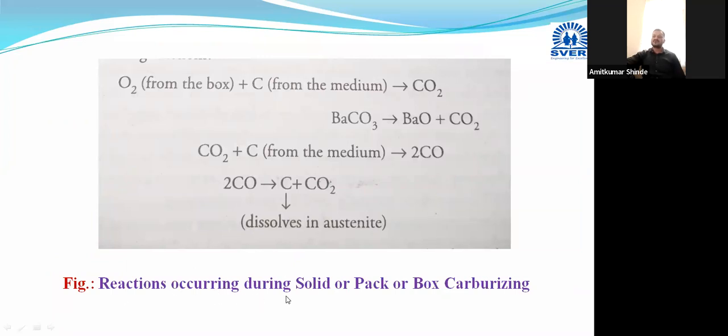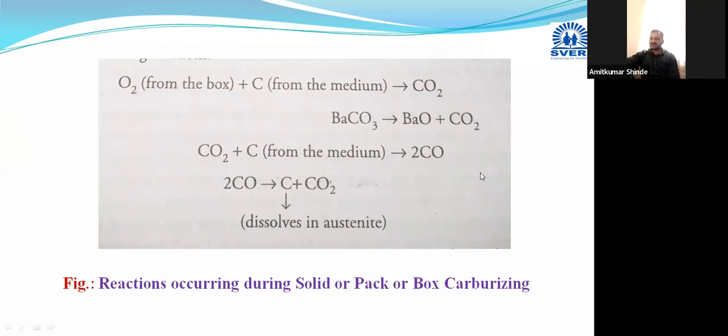Reactions occurring during solid, pack, or box carburizing: oxygen from the box combines with the carbon from the medium and forms carbon dioxide. Then barium carbonate, or sodium carbonate or calcium carbonate, decomposes and forms barium oxide and carbon dioxide.